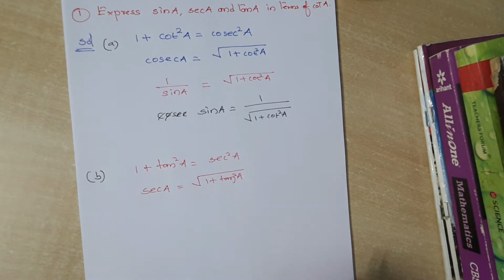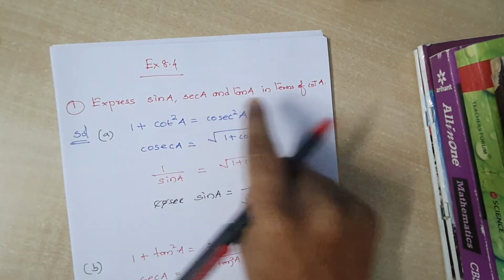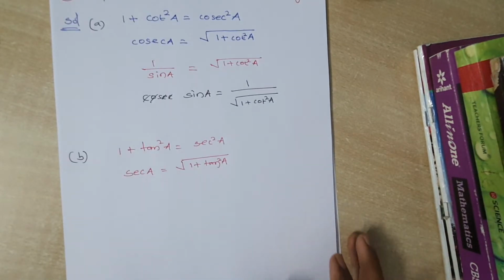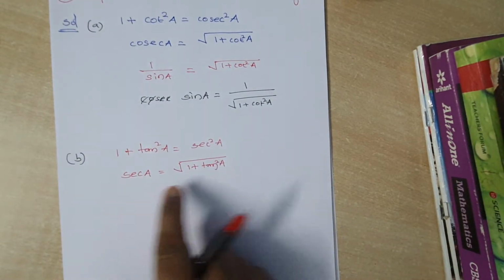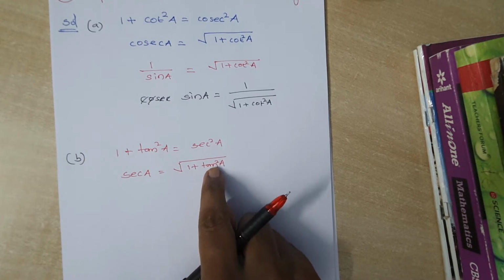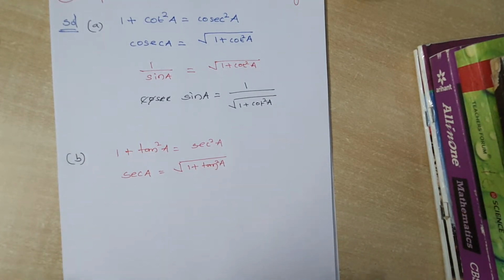Now if you reciprocal both sides, what will happen? No, there is no need to reciprocal, because we have to express sec in terms of cot A. Our sec is okay, but now we want to convert this into cot. So what will we do?